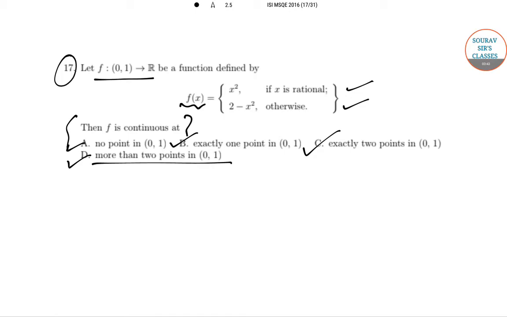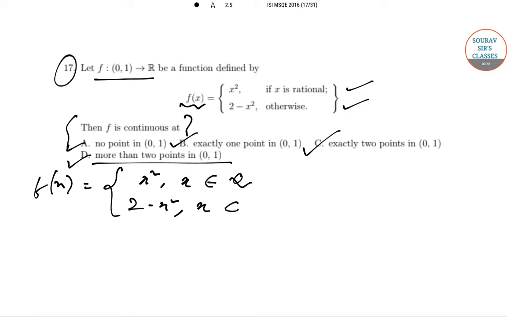So what we've been given is that, let us write down a definition of the function. f of x is equal to x square if x belongs to the rational set, or 2 minus x square if x does not belong to the rational set. In short, we can write the definition of the function f of x like this.